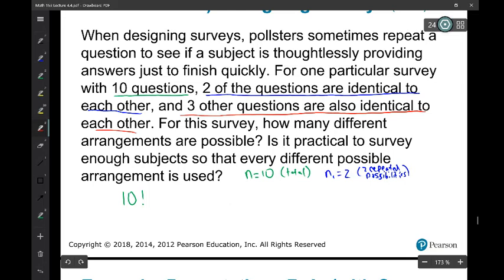And then we have 3 repeated possibilities. For a different type of question. So that's the total divided by 2 factorial times 3 factorial.